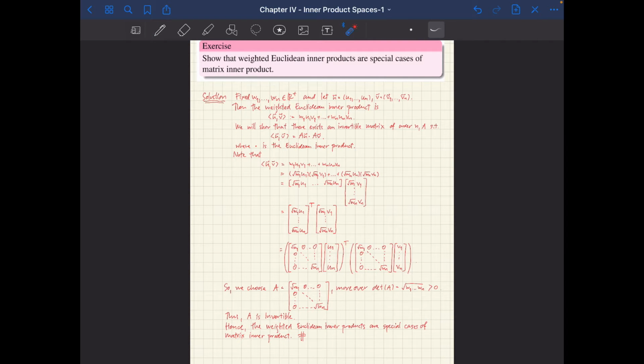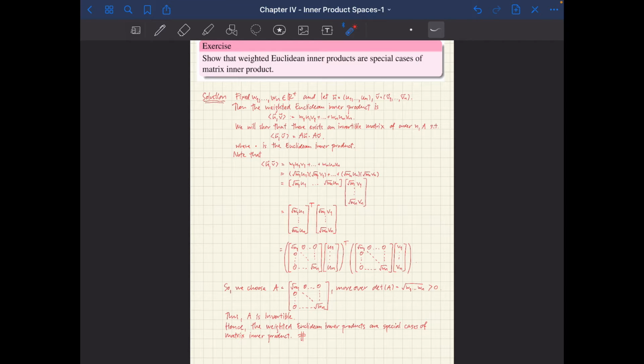What does it mean? It means that if we define the weighted Euclidean inner product like this, you need to show that there exists an invertible matrix A such that this inner product is equal to Au dot Av, where dot is the Euclidean inner product.